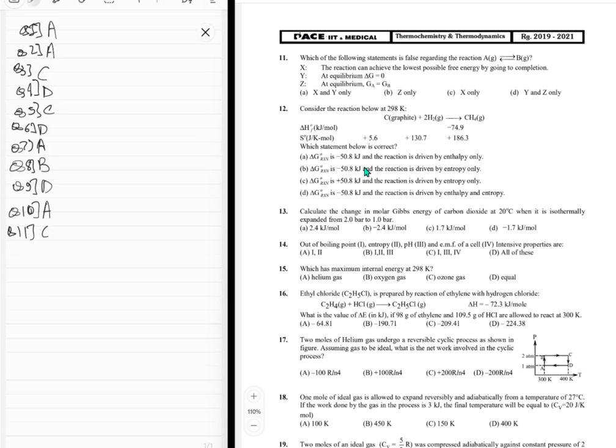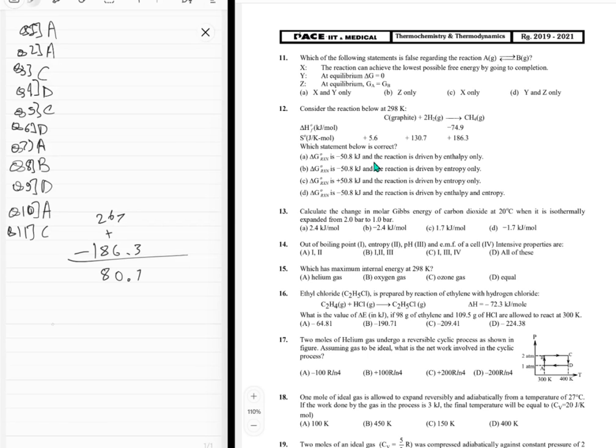Right, and delta G for this reaction is, wait, is this positive or negative? What was this value once again? Okay, it's 80.7, that is your delta S value, and this is at 298 Kelvin, which is approximately 300.